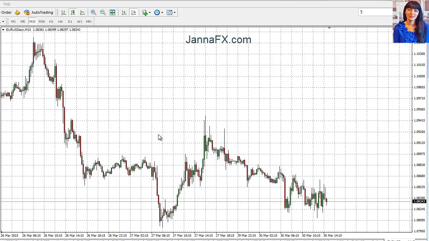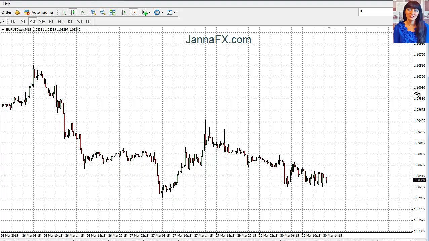It could be UTC, GMT, or the time where you are located, so it could be different. So let's say you opened your screen and you have MT4 open, and you can see the price and it's moving.